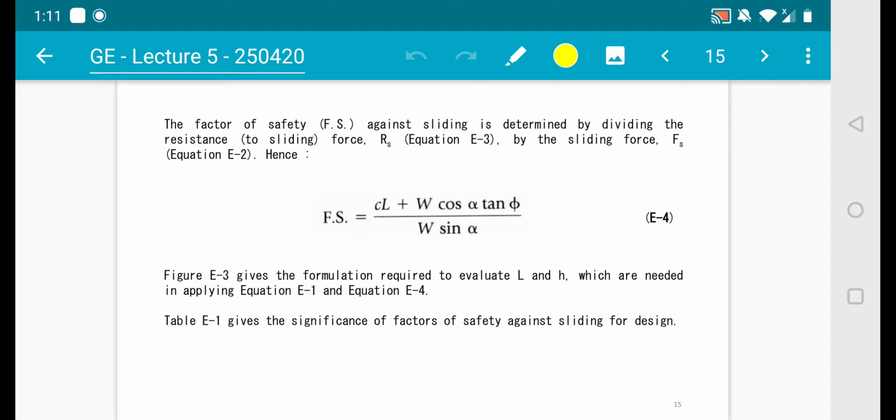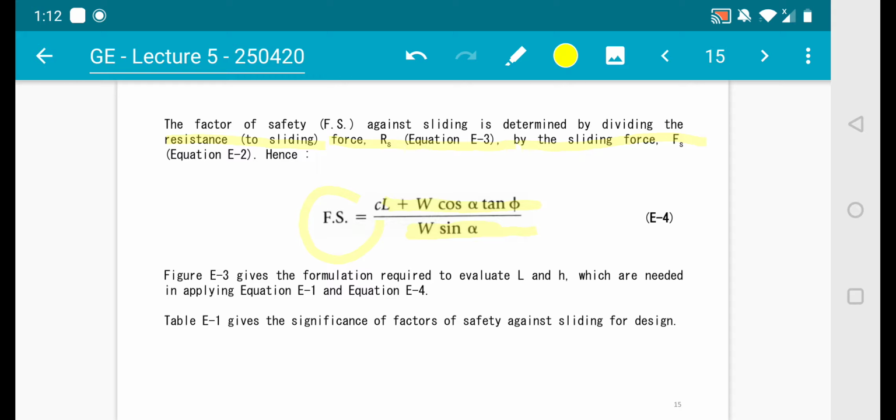Now the factor of safety against sliding is determined by dividing the resistance, which is the positive effect, by the sliding force. So the first is resistance and the second one is the stress. Just divide these two and you get your factor of safety.